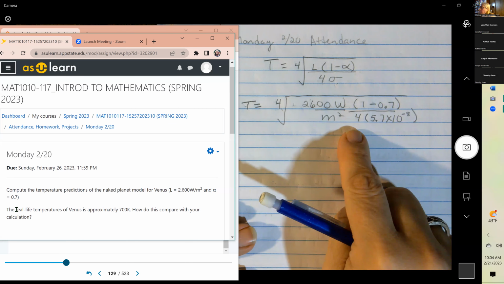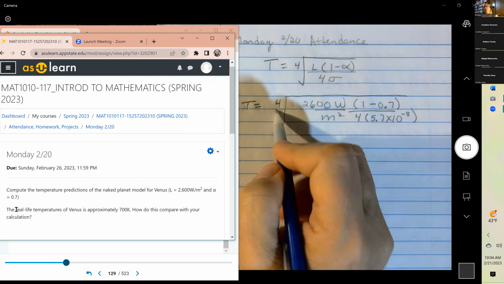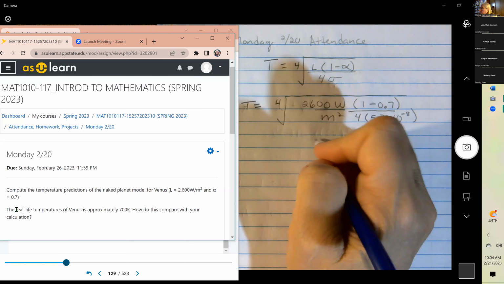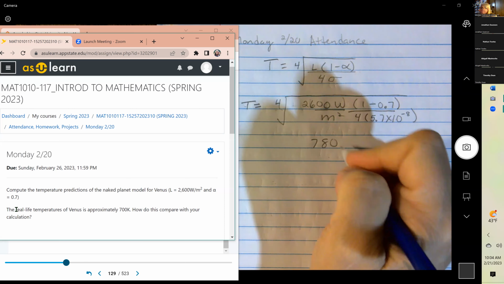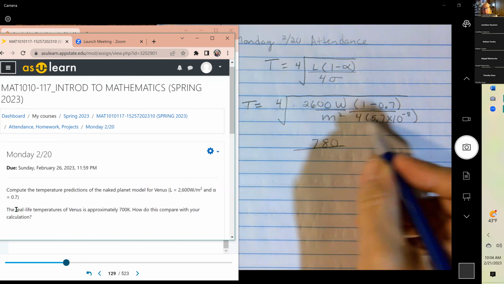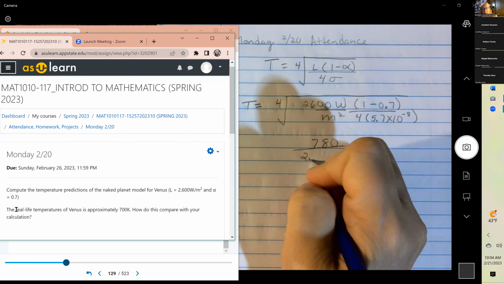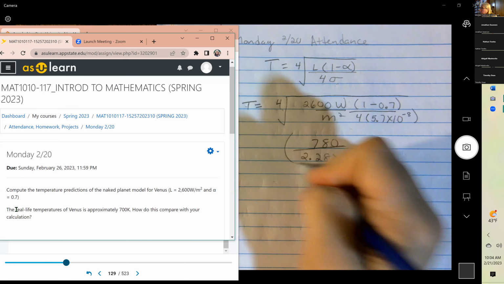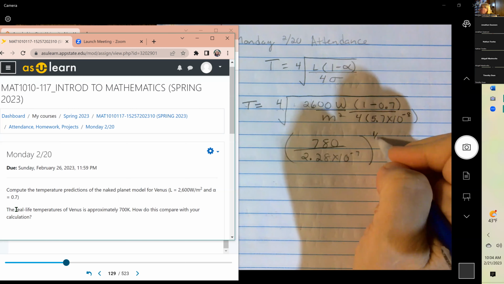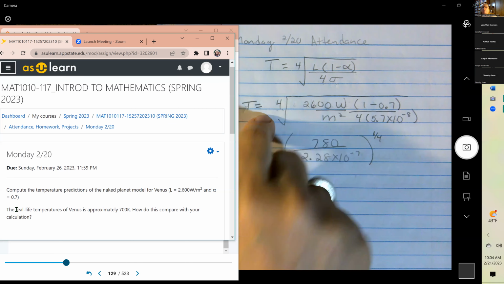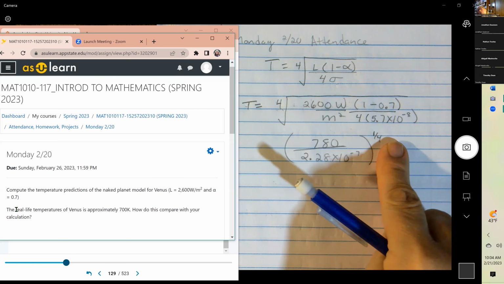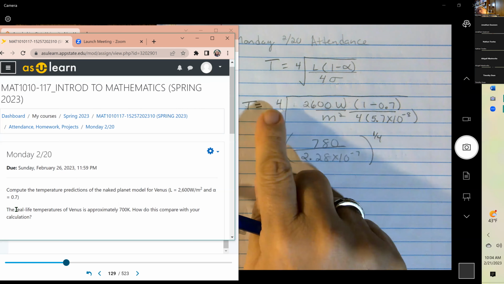But anyways, if you do not have a fourth root, you can take it to the 1/4 power. So if I calculate the top, I get 780 and multiplying the bottom, 2.28 times 10 to the negative 7. And I can take it to the 1/4 power. A fourth root is 1/4.